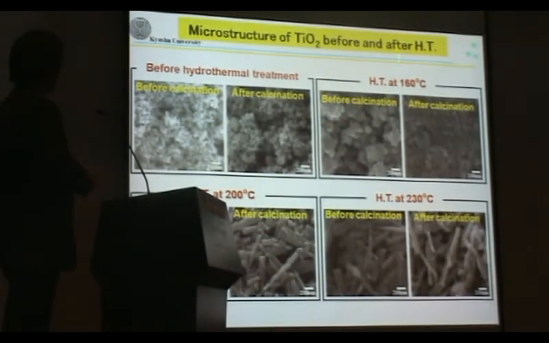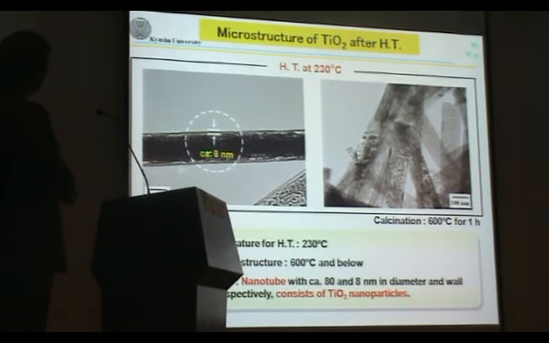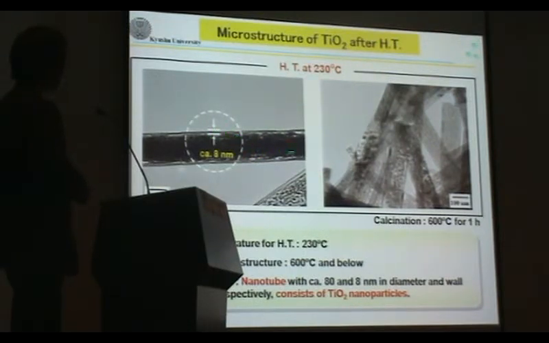We prepared the nanotube from TiO2 by using hydrothermal treatment. Finally, we can obtain the nanotube. The nanotube has a wall and a space inside, and the wall thickness is 8 nanometers.